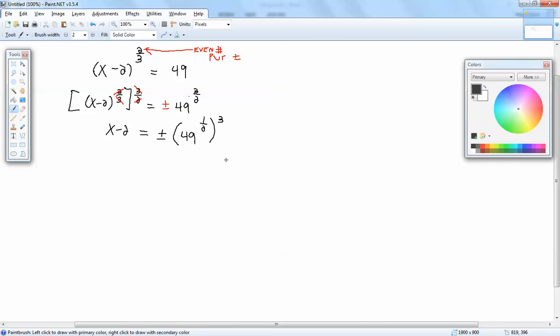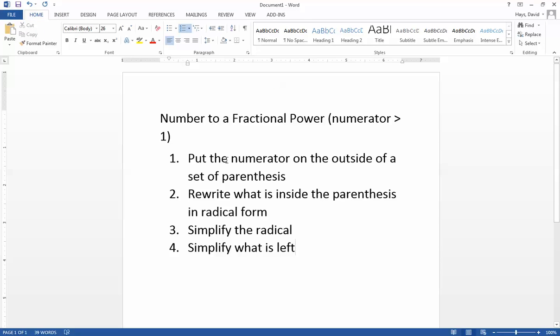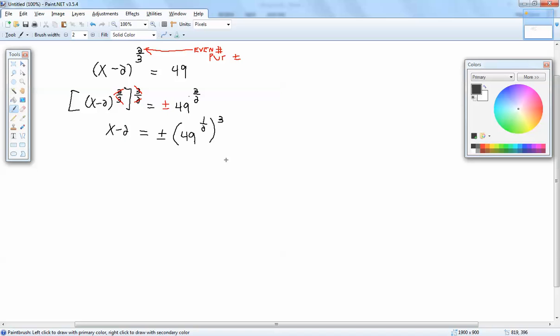That's our first step. Second step says rewrite what is inside the parentheses in radical form. So x minus 2 is equal to plus or minus, and then the square root of 49 to the 1st power. And that's still the 3rd power on the outside there.